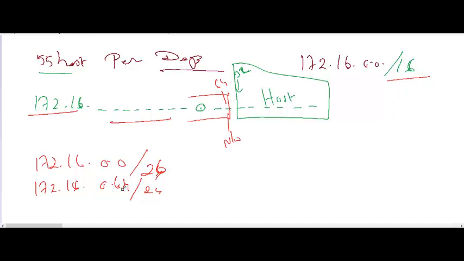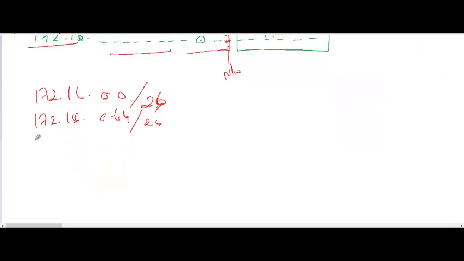Is this correct? Okay. Now you got the first 4. What is the last 4? 172.16.255.192. You see? 2 bits here, so 192. All the bits here, so 255.